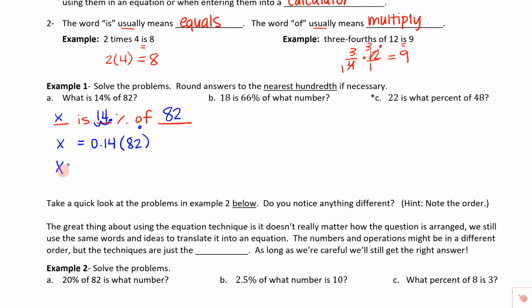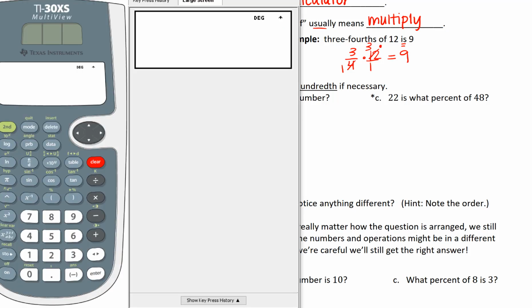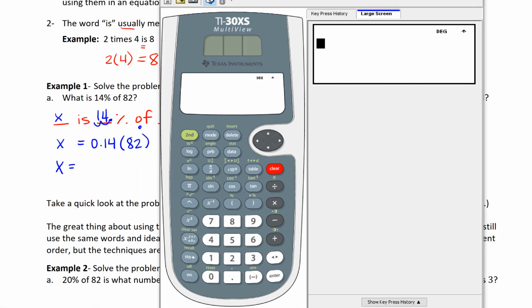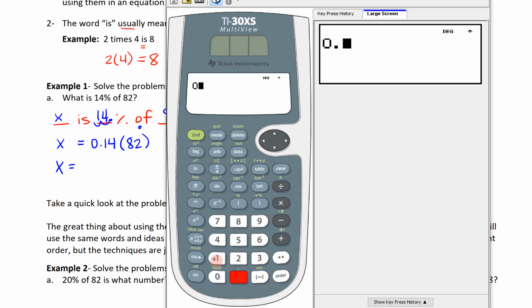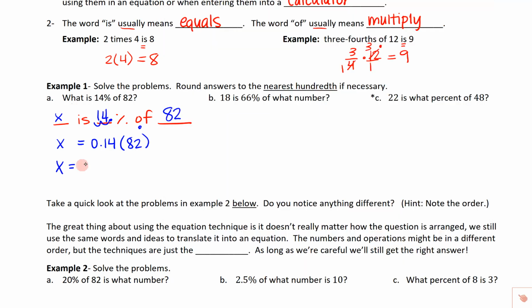So if we type that into our calculator, 0.14 times 82, we get 11.48 as our answer. So 11.48 is 14% of 82. Let's look at the next one.